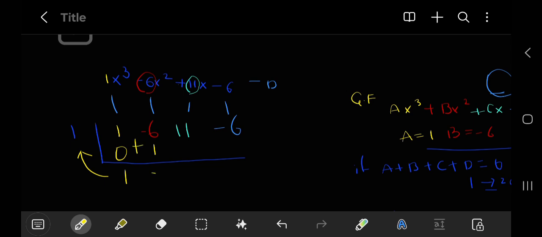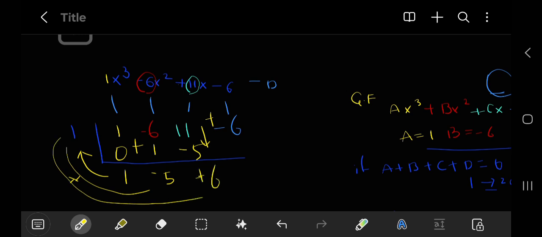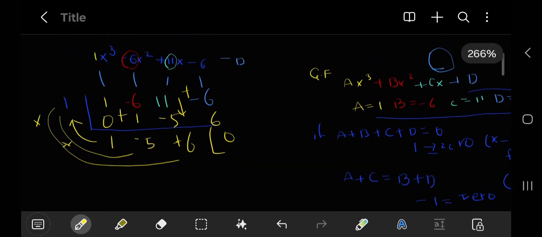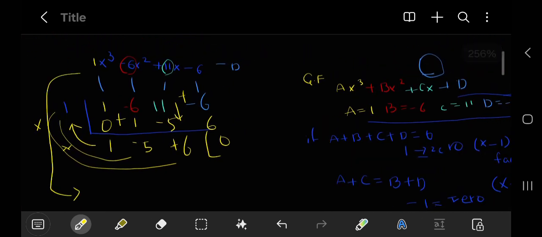Minus 6 plus 1 is minus 5. When you multiply it by 1, it gives me minus 5. Once again, same thing. Add, which gives me 11 minus 5, which is plus 6. Plus 6 into 1 gives me plus 6. Minus 6 plus 6 is 0. That 0 is my remainder.